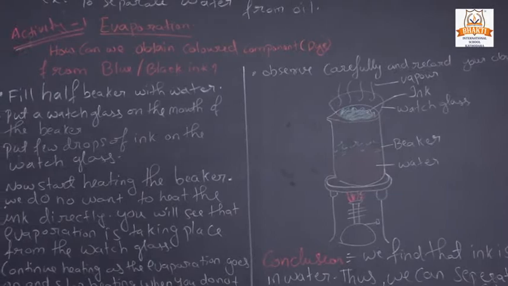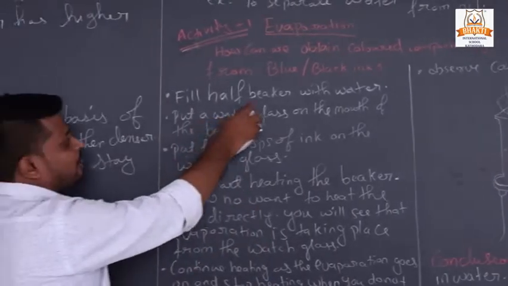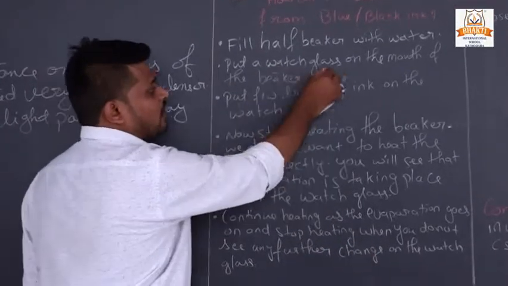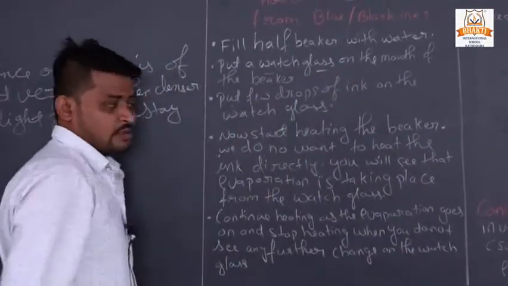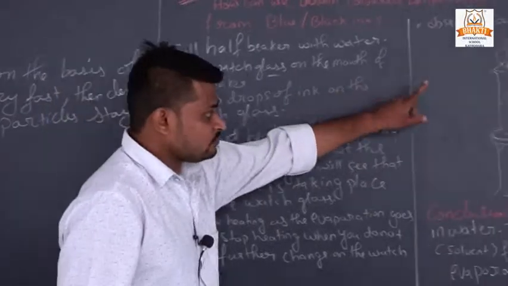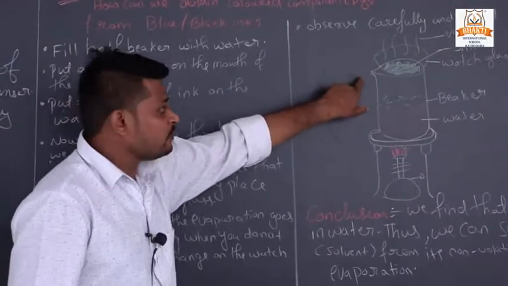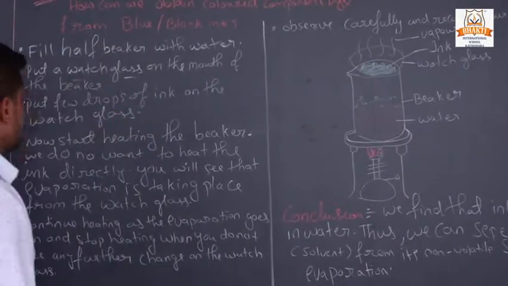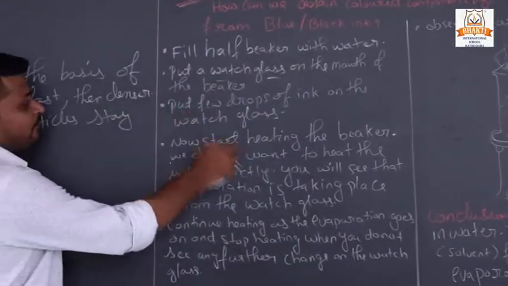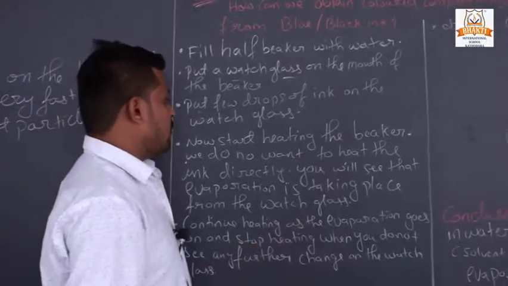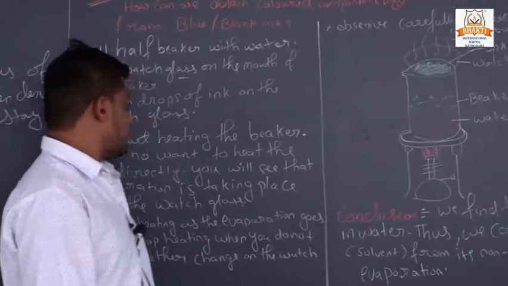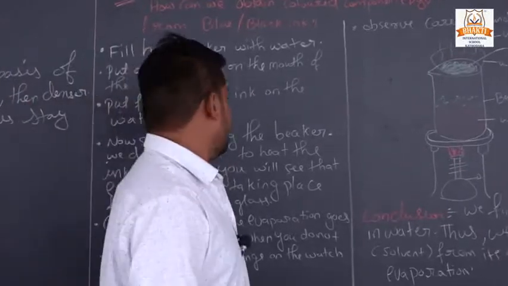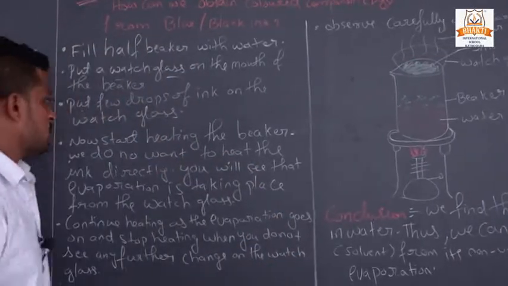What we will do: first we fill the beaker with half water, then we put the watch glass on the mouth of the beaker. Then put a few drops of ink on the watch glass.